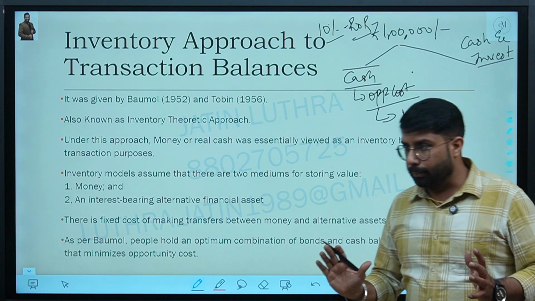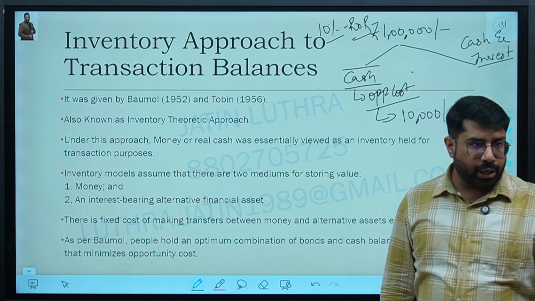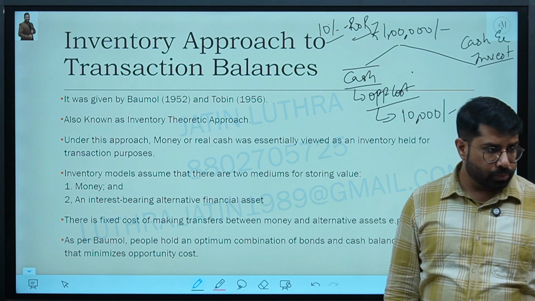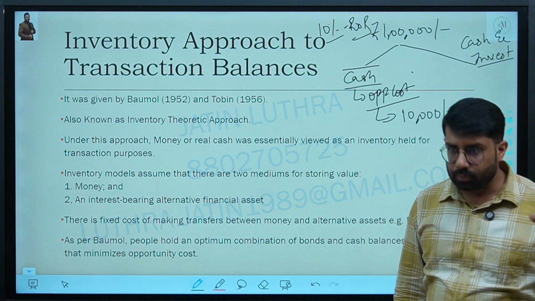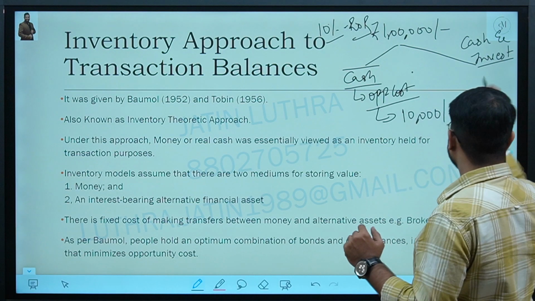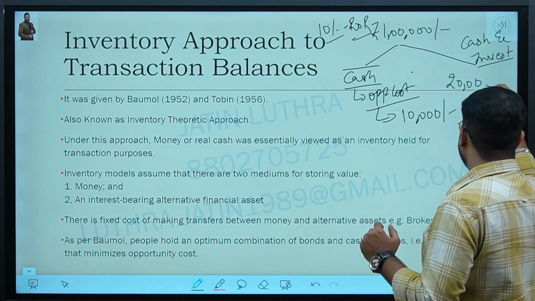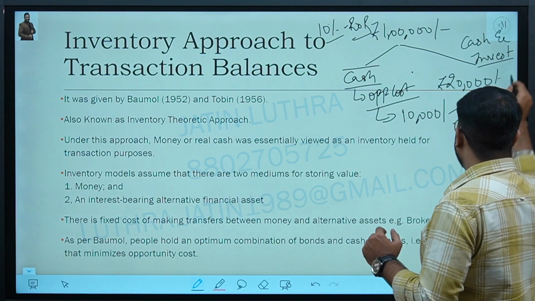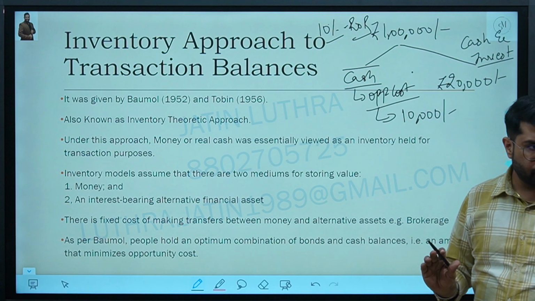Let us say I get to know that I need only 80,000 rupees for my consumption. Correct? Yes or no? It means how much money is idle? 20,000 of money will be idle for me. Correct? Yes, sir.